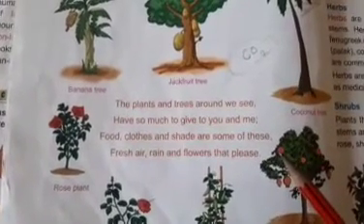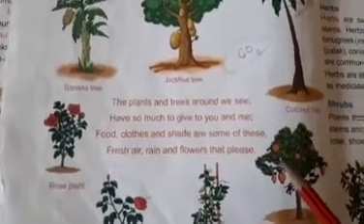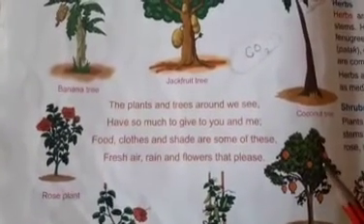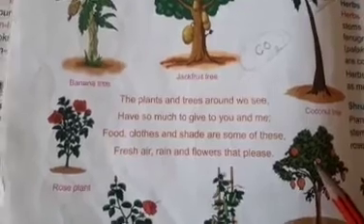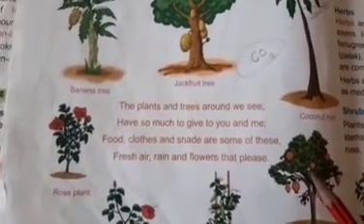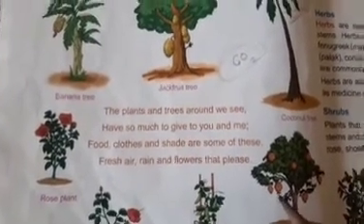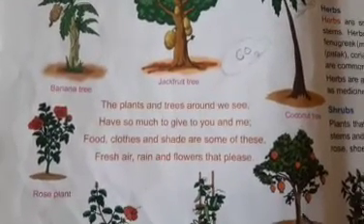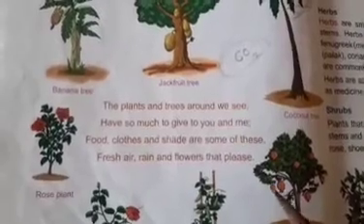Plants grow everywhere, but they are different. Plants are very important for all living things. They not only provide food, but are also useful in many other ways. Just we explained, yes?